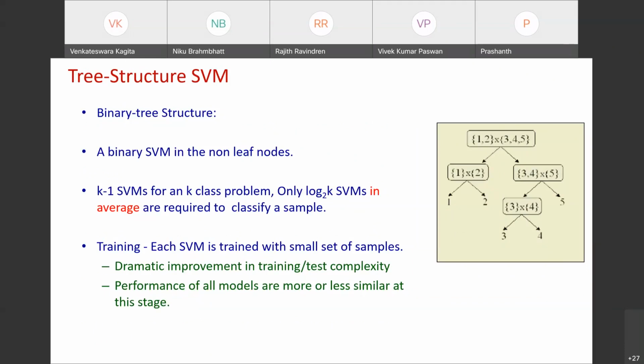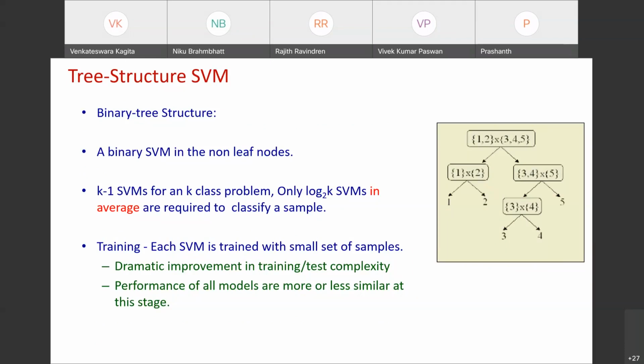So can we reduce it further, both in terms of the training complexity and the testing complexity? From there, the concept of tree structured SVM came into the picture. The binary tree structured SVM organizes the classifiers in a binary tree like fashion.